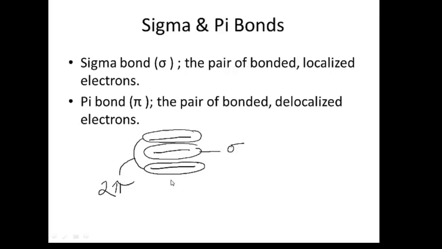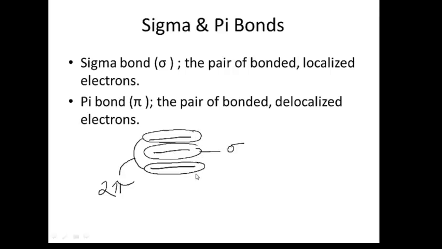If it's a triple bond, the triple bond will consist of one sigma bond and 2 pi. The sigma bond is the localized pair of electrons between the terminal and central atom. This is the original first line you draw.